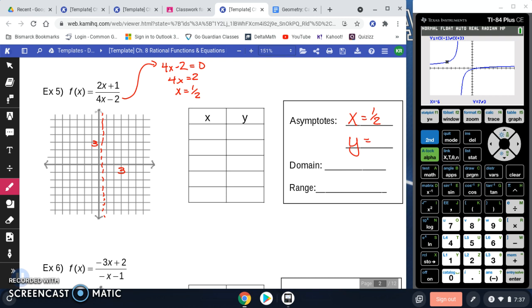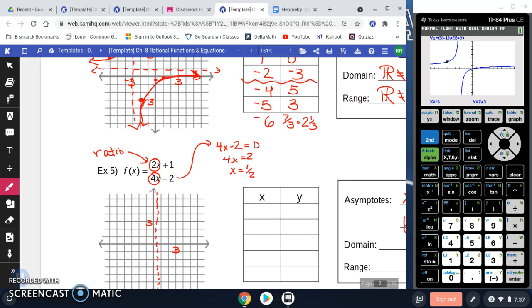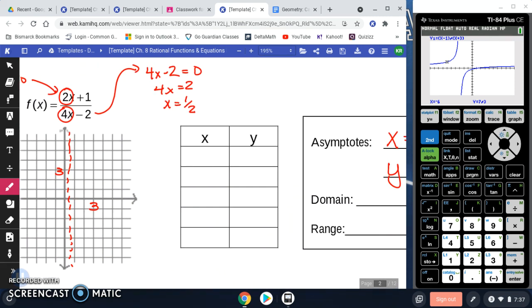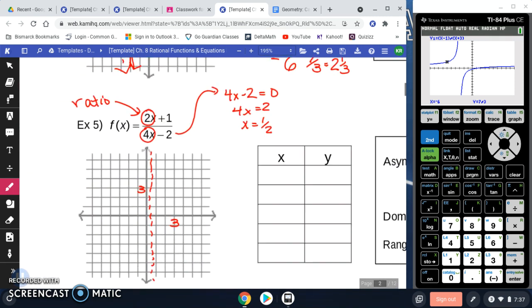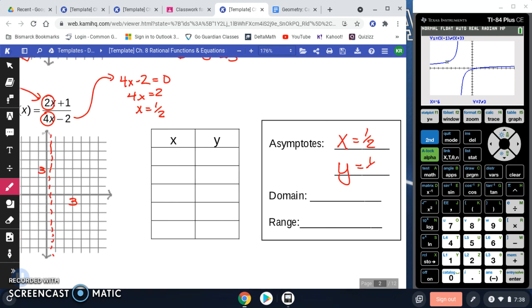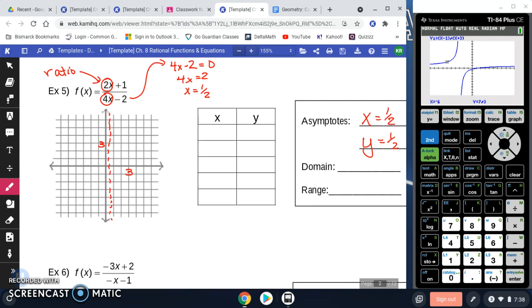So remember, horizontal asymptote is about the ratio of your leading coefficients. So 2 and 4, ratio. So 2 over 4, y equals 1/2. Okay, so both of these happen to be 1/2 for your asymptotes.